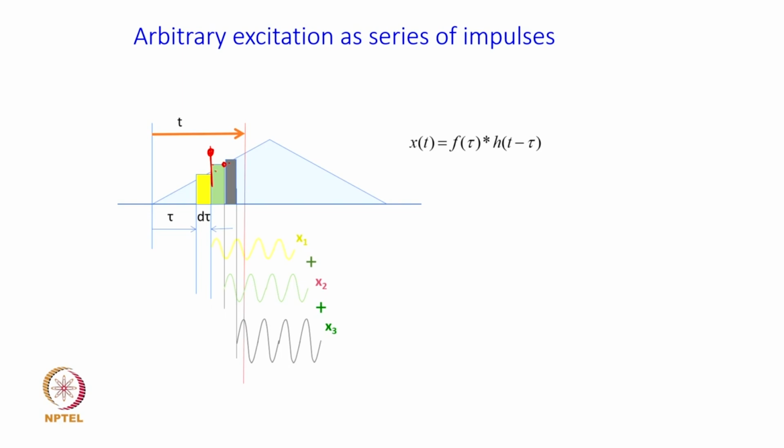When you use the initial condition of the previous impulses for finding the response due to the next impulse, you need not add x1 and x2 for finding x3. But what we have done is we have got expressions of these x1, x2, x3 with the assumption that nothing happened before them, the system was stationary. Therefore, the response due to each impulse can be simply added together to find the total response, right. So, there are two approaches.